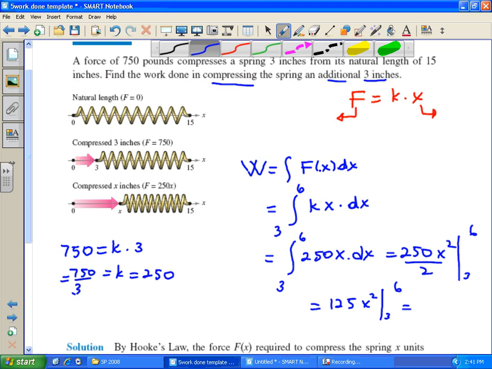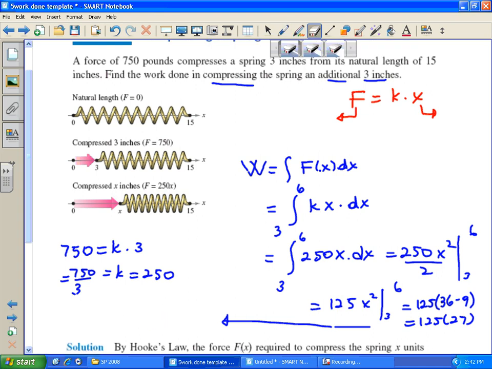And if we simplify it, we get 125 times 36 minus 9, or 125 times 27. So the final answer should be 3,375. And notice we did not use feet, we used inches, so our answer will be in terms of inch pounds. So we have 3,375 inch pounds.